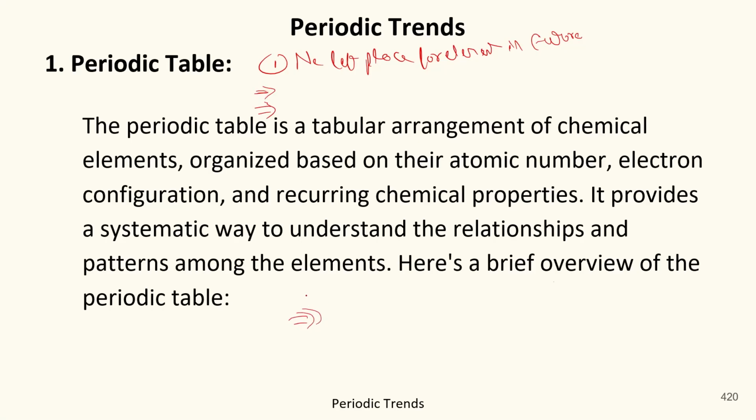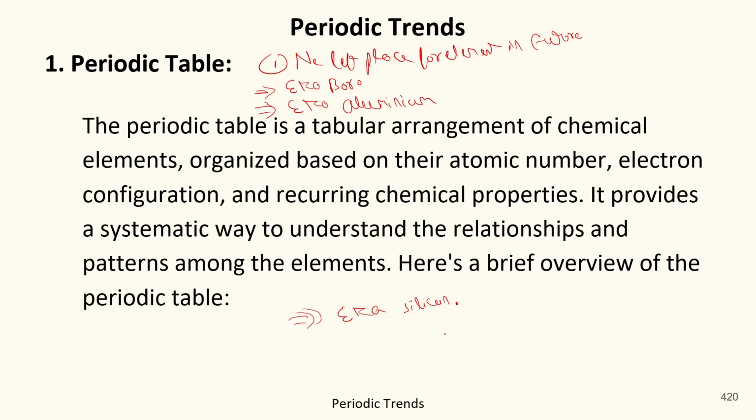And these elements were: the first one was Eka-boron, the second was Eka-aluminium, the third was Eka-silicon. So just write down these elements. These were the elements whose places were left by Mendeleev so that when they were discovered in the future, they could be placed easily.